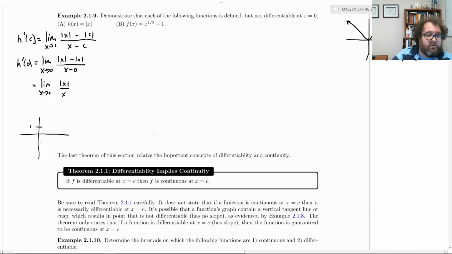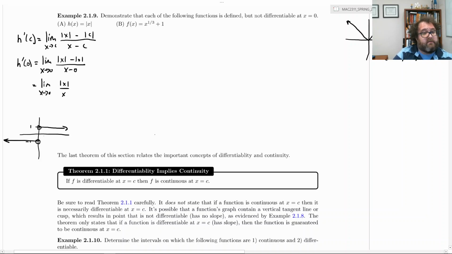You have +1 right there and -1 right there. We had a discontinuity at 0, like so. That's what the graph looked like. So what does that tell you about this limit? Just because there's a discontinuity doesn't mean there's necessarily a problem, but here we see that there's a jump discontinuity.